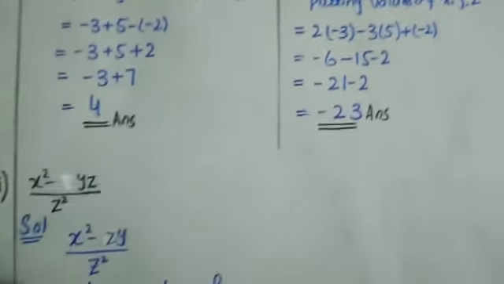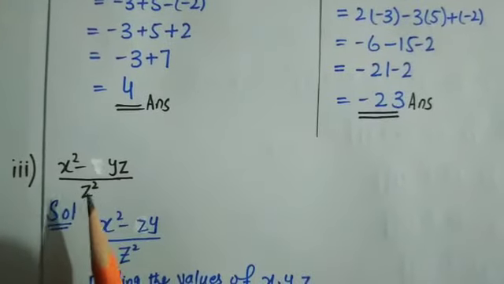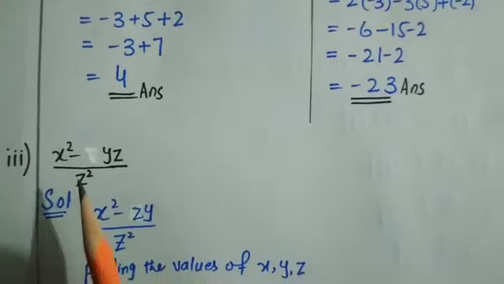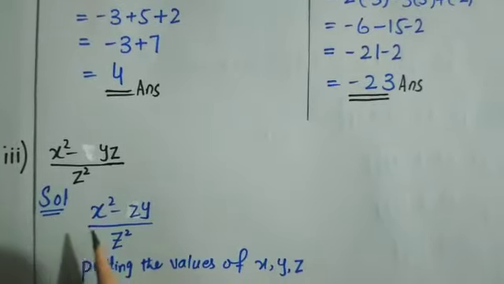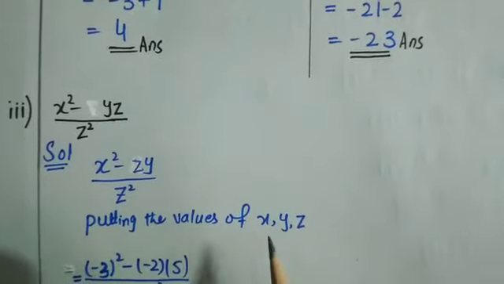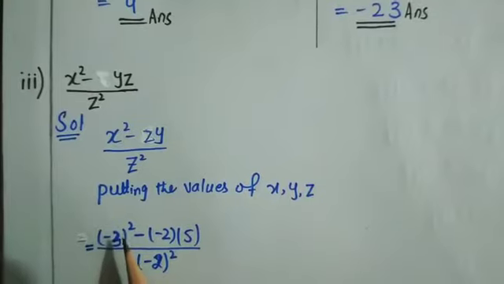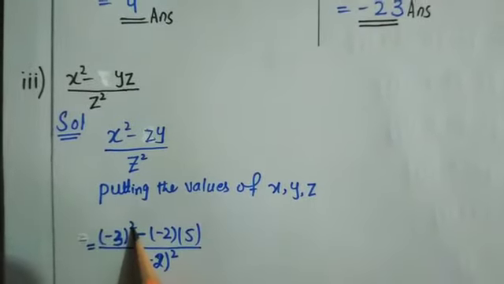It is our answer. Third part is x square negative yz divided by z square. We write here solution. First we write as it is, put the values of x, y, z, where the value of x is -3, written in bracket, and put here the square sign.